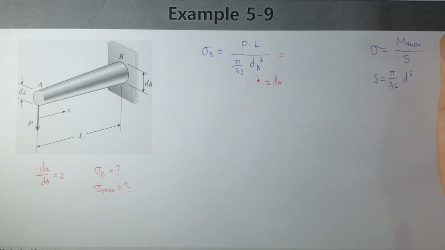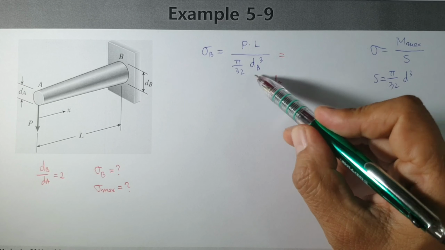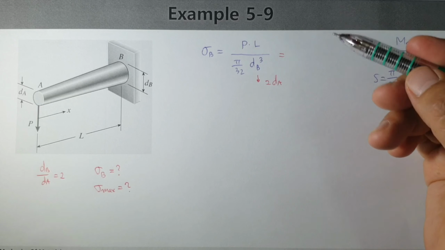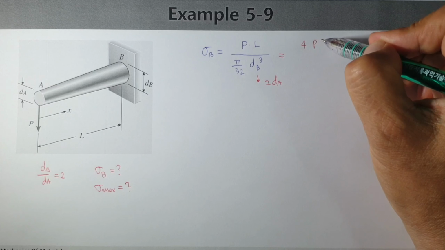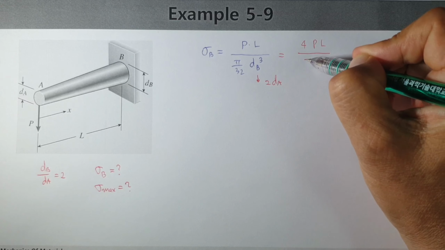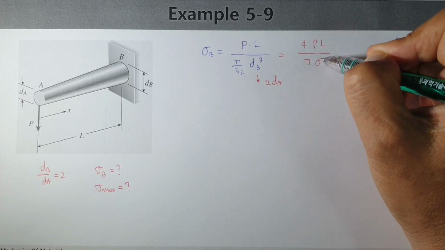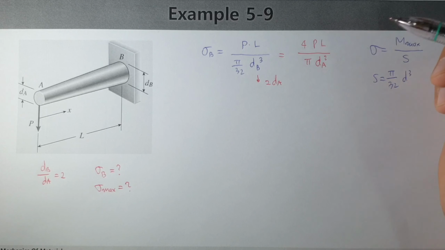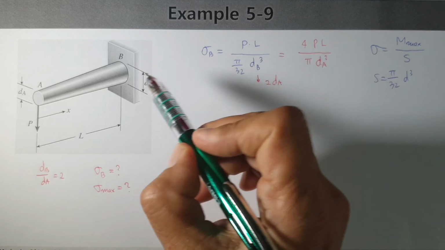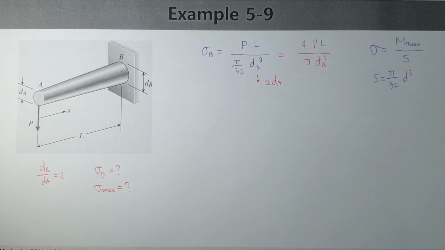Then we can say sigma B is 32 PL over 8π dA cubed, the bending stress at this point.